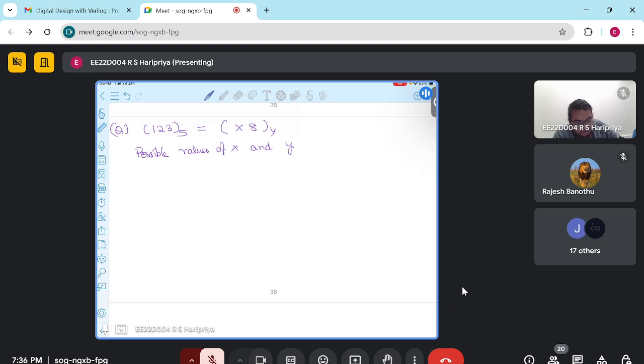If you want to convert this to base 10, we want both the x and y to be in the same base system, so that we can solve. One of the solutions is x equal to 3, y equal to 10. Any other possibilities?